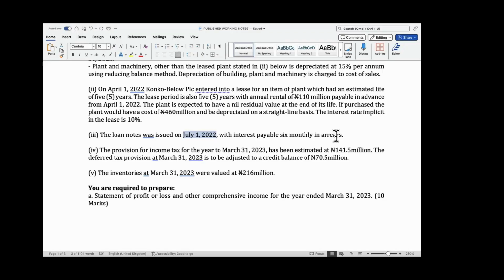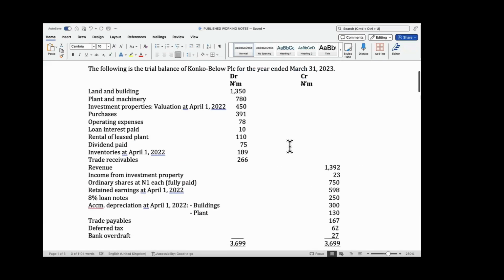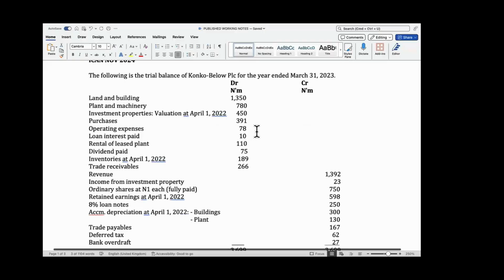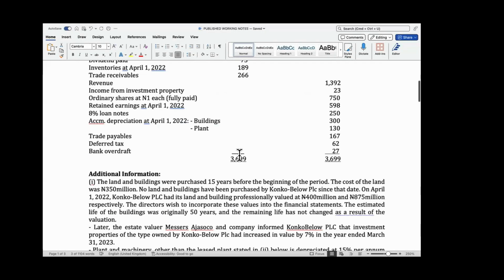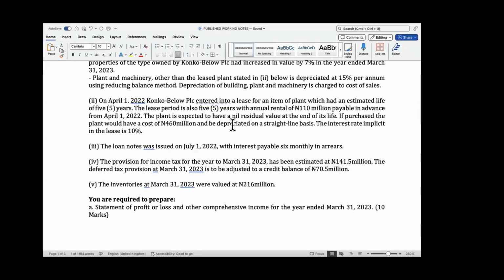Therefore, if they issued the loan note on July 1st, 2022, how much interest is this guy expecting? This is July, August, September, October, November, December. He will pay one in December, which is the one he has paid and they have recognized here. But that means the next one he will collect will be in June. That's the next one he will not collect.